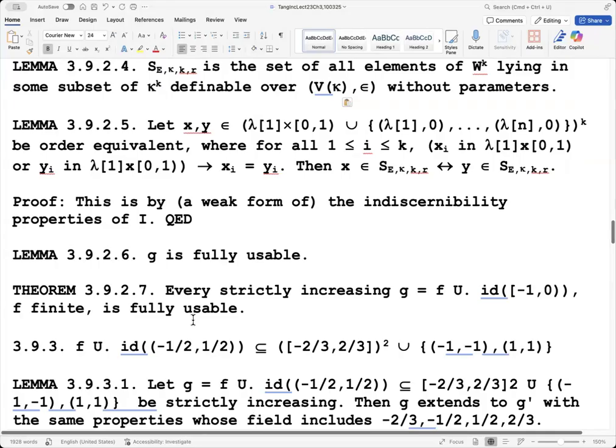You can get away with, no, I'm sorry, you can get away with WKL naught plus Con SRP.